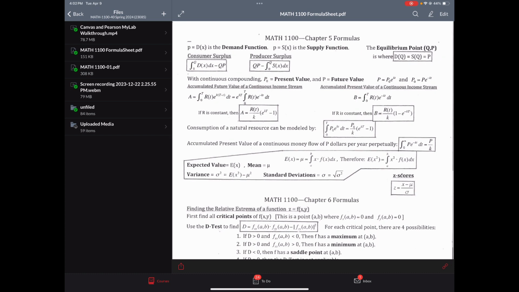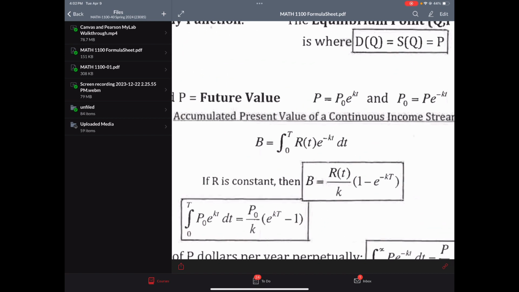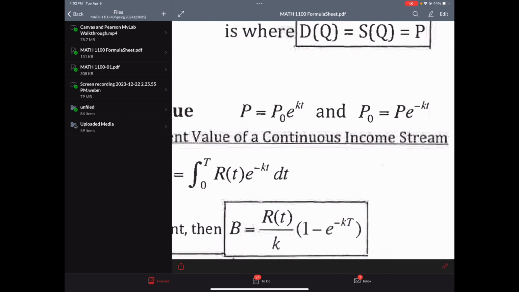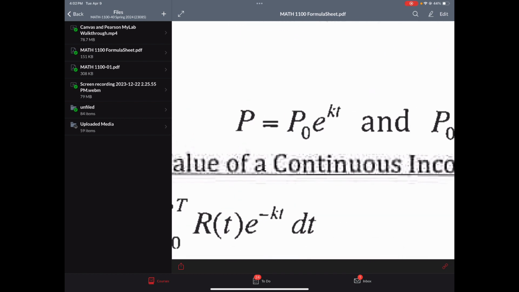You'll notice there's still some questions on the homework, and I think there's one question on the review, that doesn't actually deal with accumulated future value. It doesn't deal with a continuous income stream at all. This formula sheet still has those formulas on there as well. These are your formulas if there is no continuous income stream. Future value is here on the left.